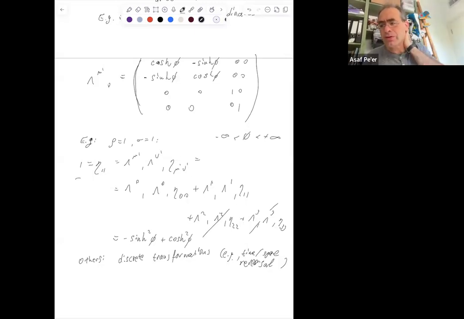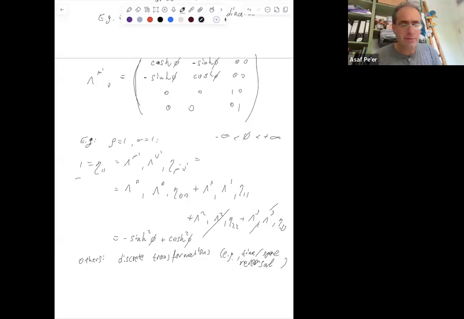So it's very similar to rotations, right? Rotations, for example, do not commute. Is there anybody who's not familiar with that concept? Rotations do not commute, right?